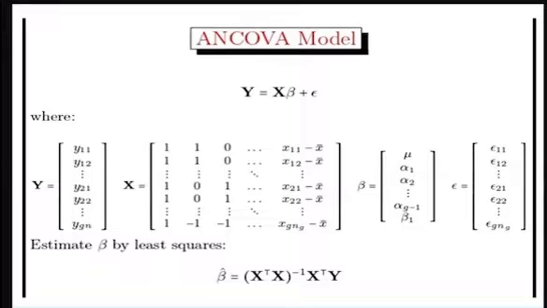The least squares estimate of the parameter is the inverse of X transpose X, times X transpose Y. That is the layout where you have Y, the observations: Y11, Y12 are observations for group 1, Y2 observations are for group 2, and so on, depending on the number of groups you have.